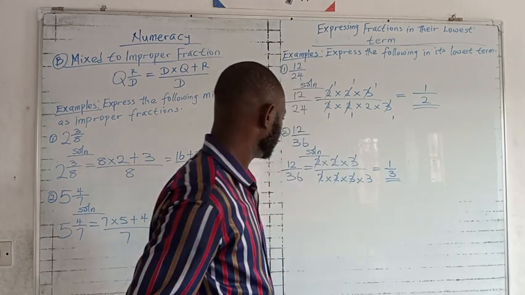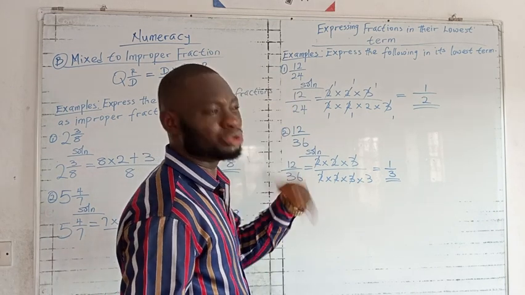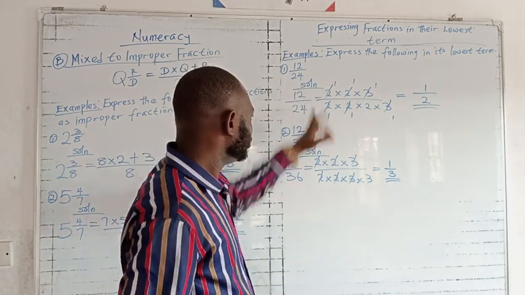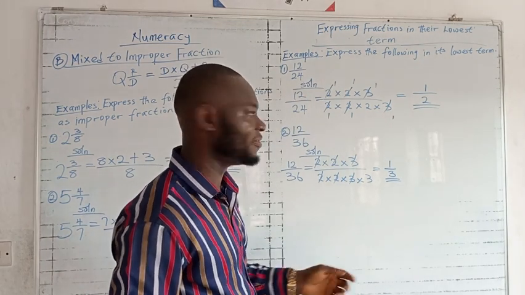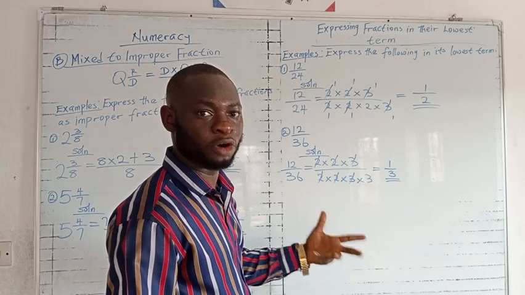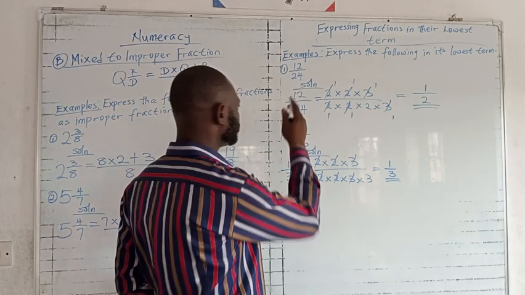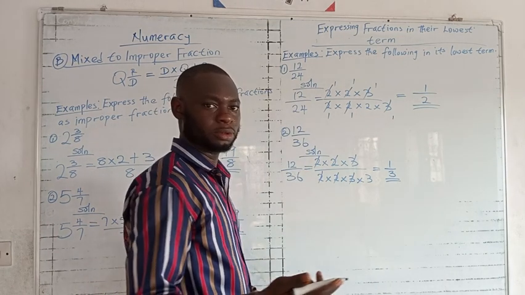Okay? Now the same thing, I said I gave us two basic approaches. You can use this method of expressing them as product of prime factors, or you simply find the highest common factor, that's HCF, of the two numbers. The HCF of 12 and 24 is what? 12.